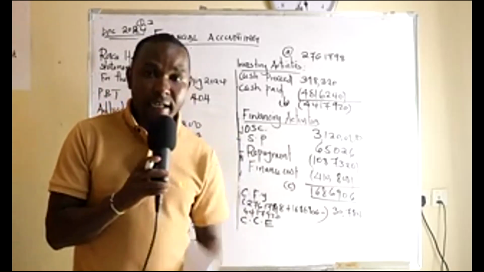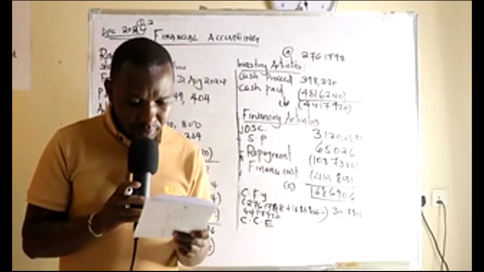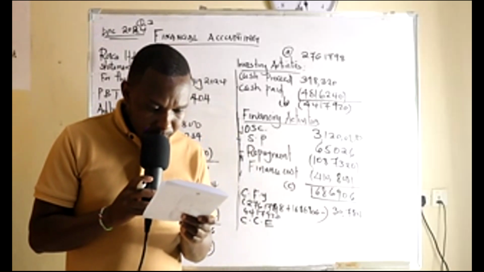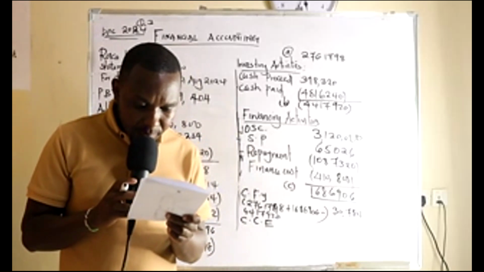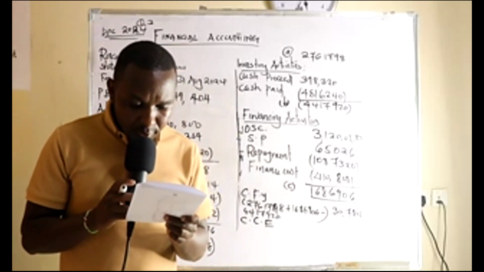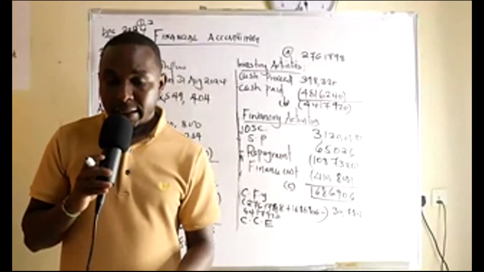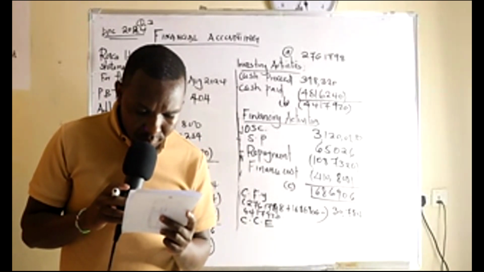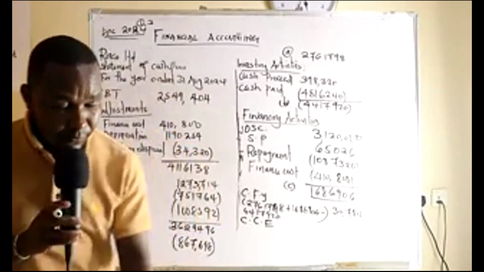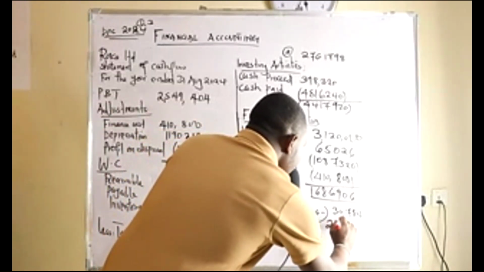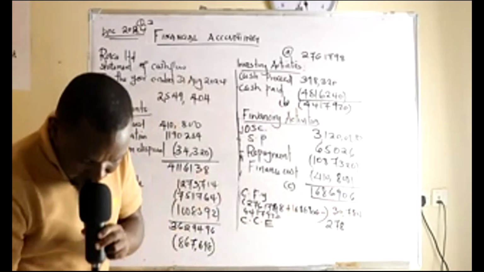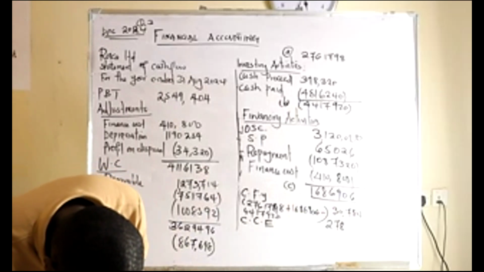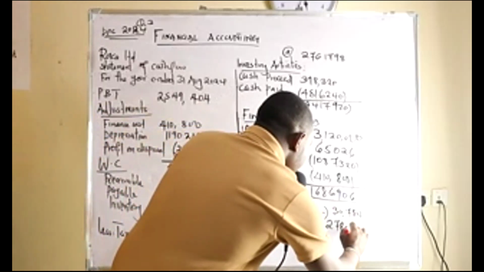What was the cash and cash equivalent under the current assets? At the beginning it is 278,408.